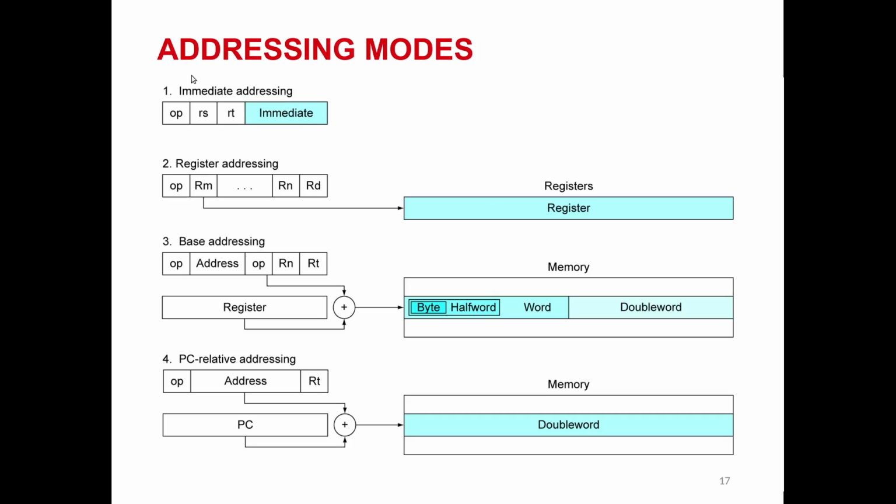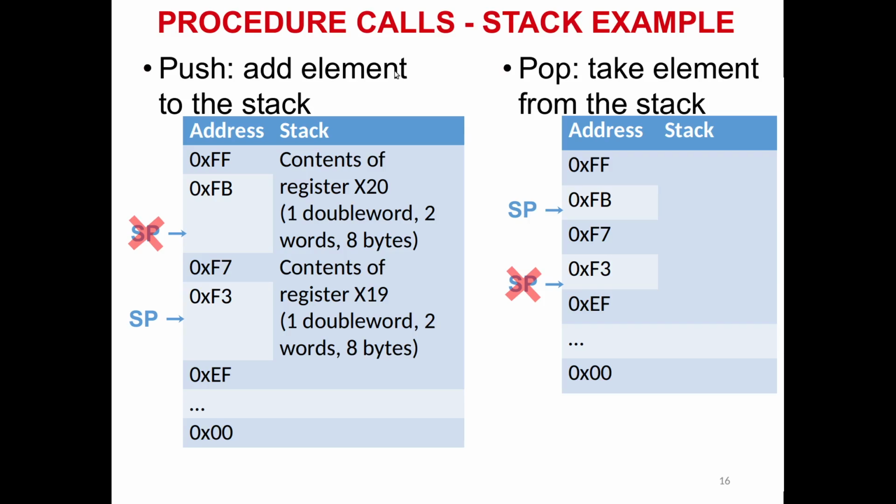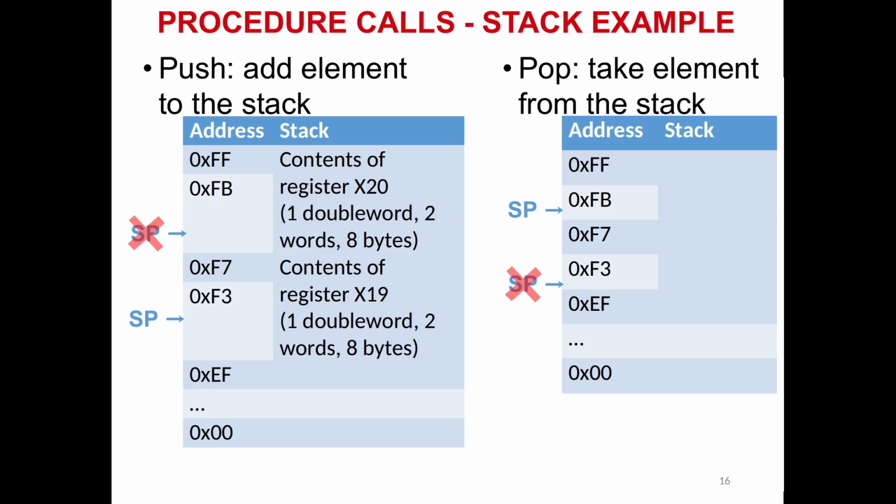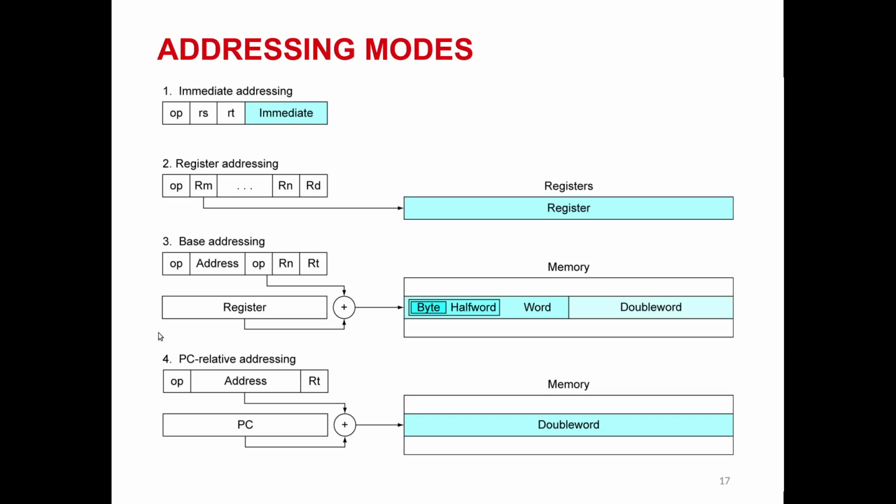And so for addressing modes, as you can see in your instruction formats, we have a number of addressing modes. Here you have 4 addressing modes. The first addressing mode is immediate addressing, which is shown by the immediate value inside your instruction. You can see this immediate addressing mode in the I format, or immediate format, instruction format.